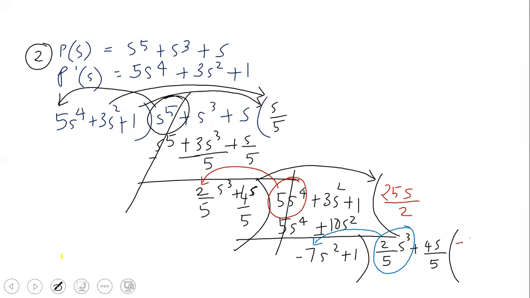Yes, so you should get a term minus 2 upon 35 s.